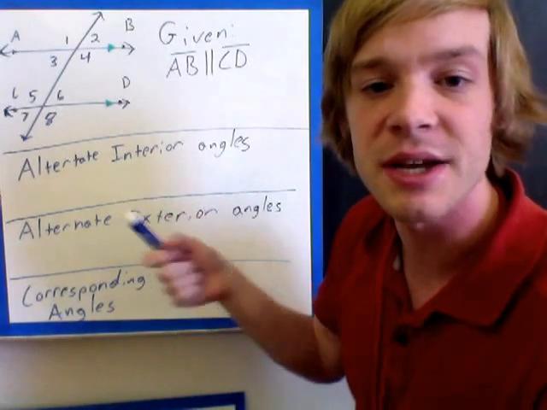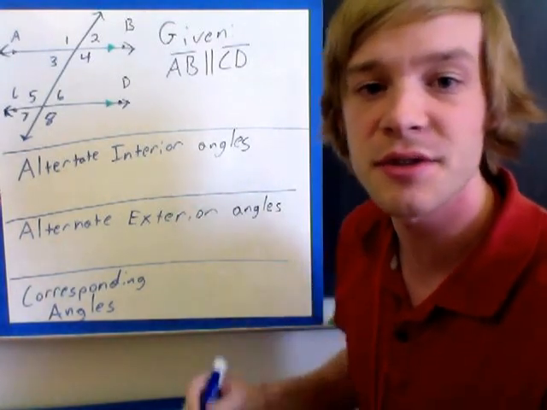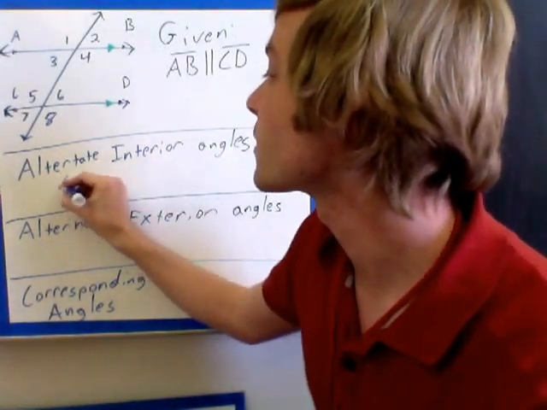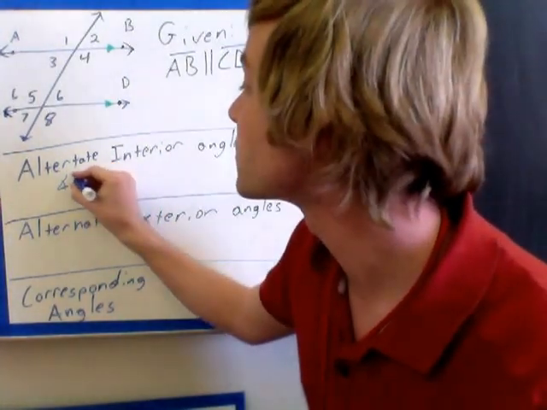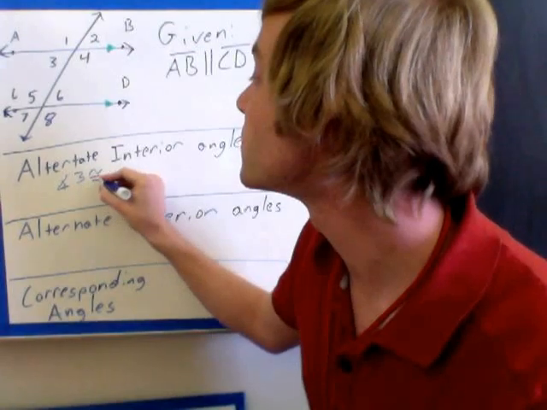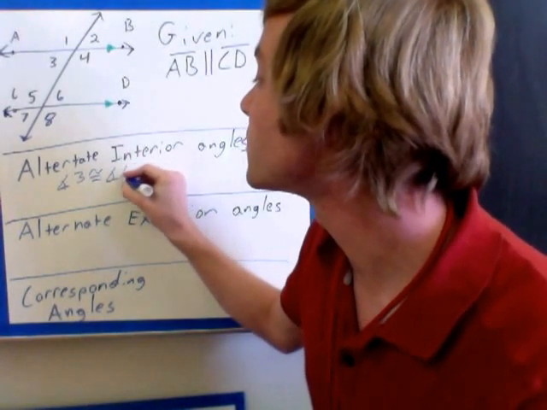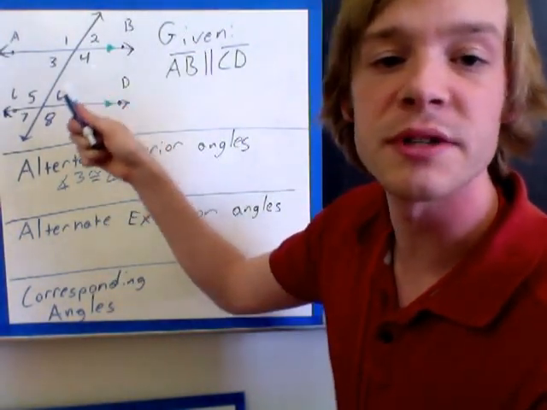So I would say by alternate interior angles, angle 3 is congruent to angle 6, and angle 4 is congruent to angle 5.